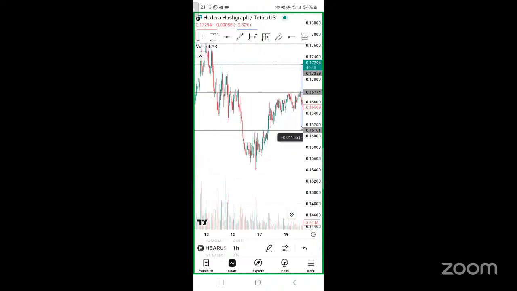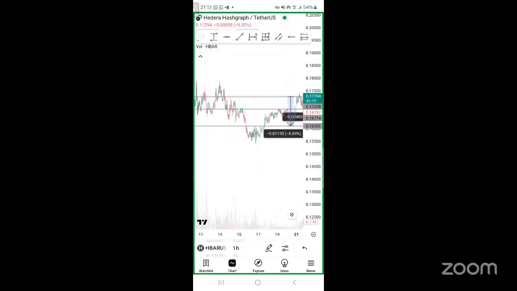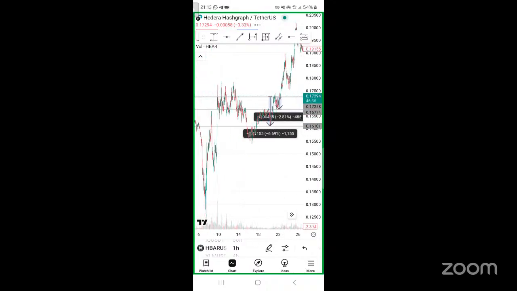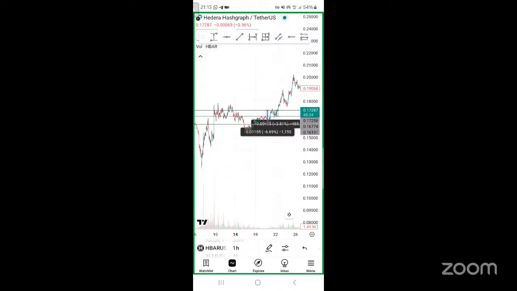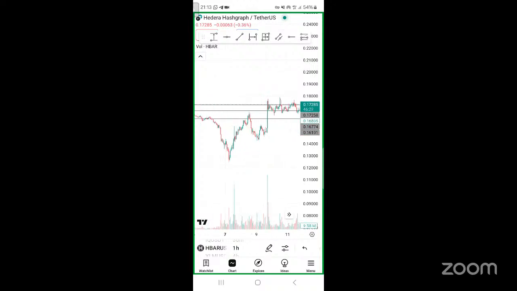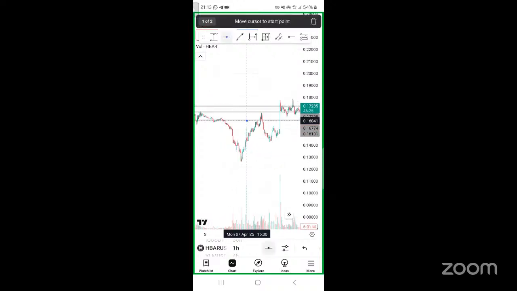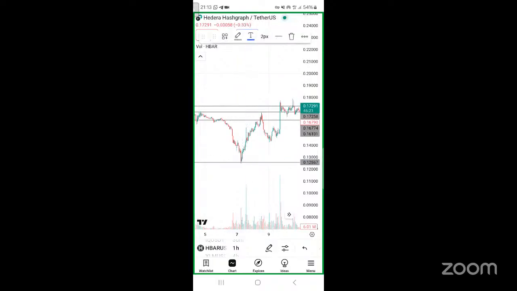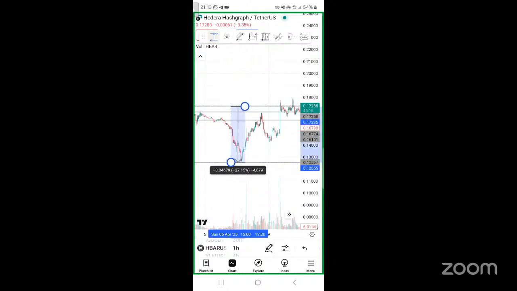You can even go ahead and measure the third one. I think there is a big one here. There is this one also, you can measure that as well. This is also support. This is -27.